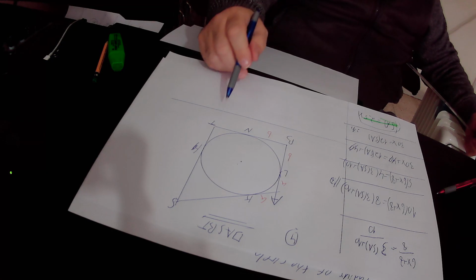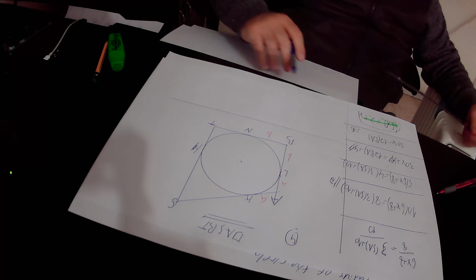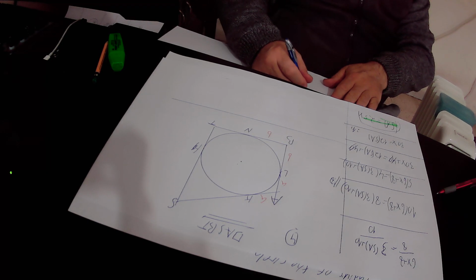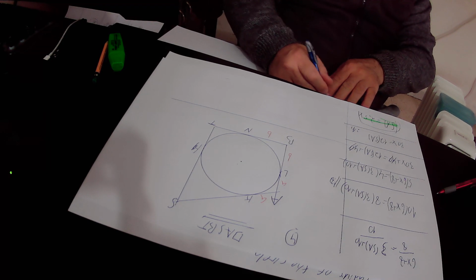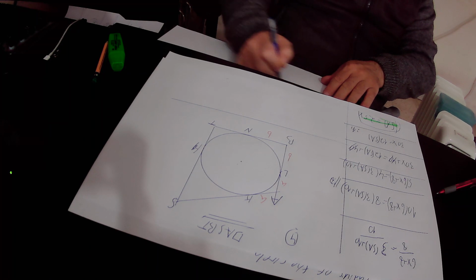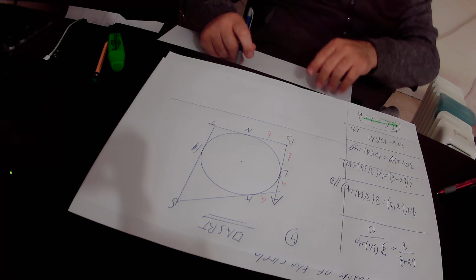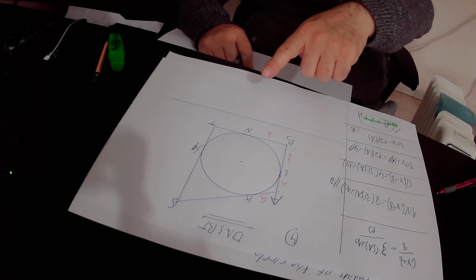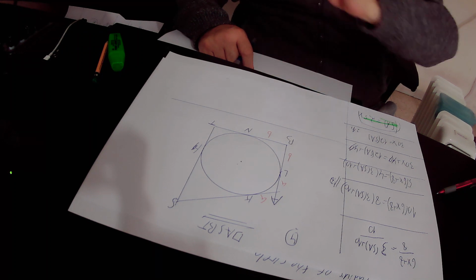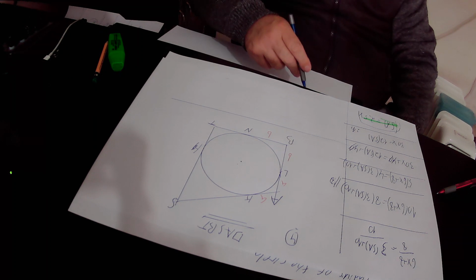In the next step, we'll focus on the common external point, point T. From the common external point T, we have two tangents to the circle, tangent TN and tangent TH. And according to rule 2, they are equal to each other.